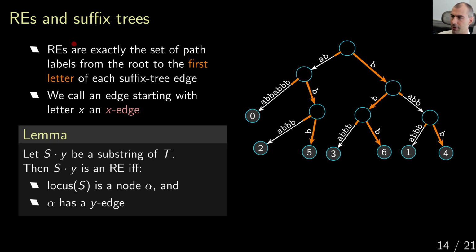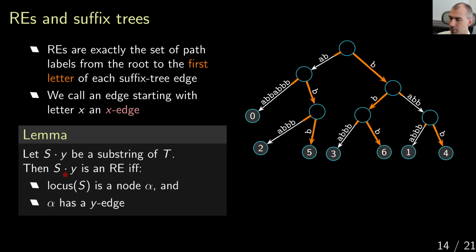It's a connection with REs, the right extensions, because if you look at the picture, the REs are exactly the set of path labels from the root to the first letter of each suffix tree edge, here for instance the A, the B. So we call an edge starting with a letter x an x edge. We sum up this property with a lemma: assume there is a substring sy of the text, where s is a string and y is a letter.